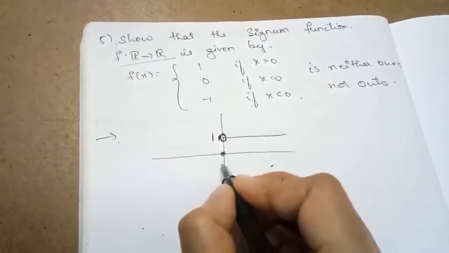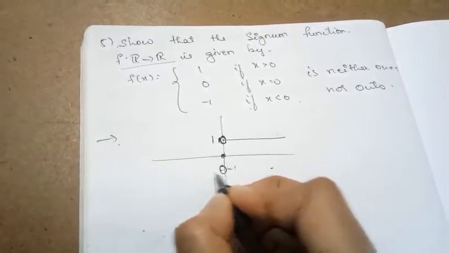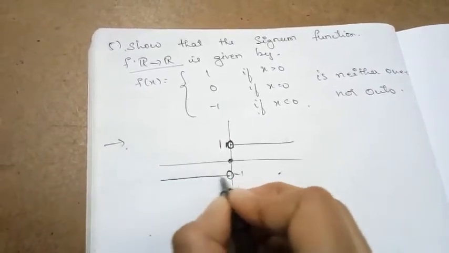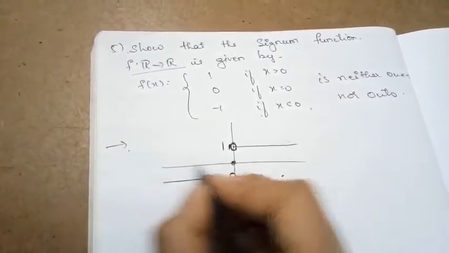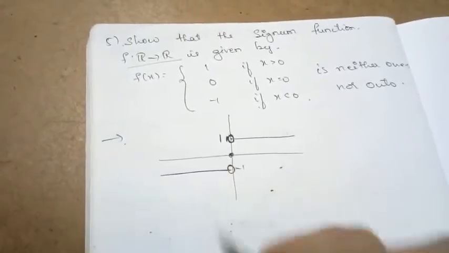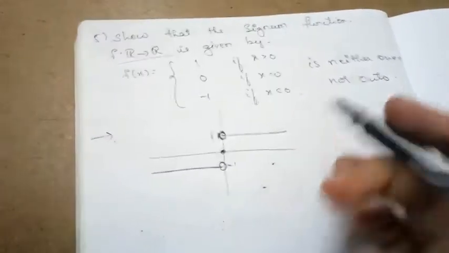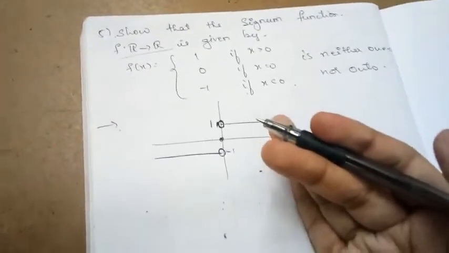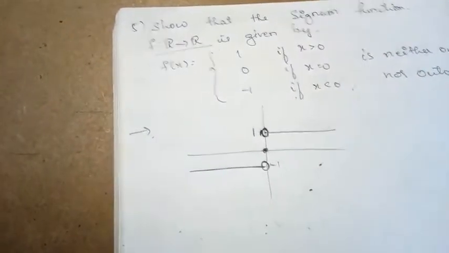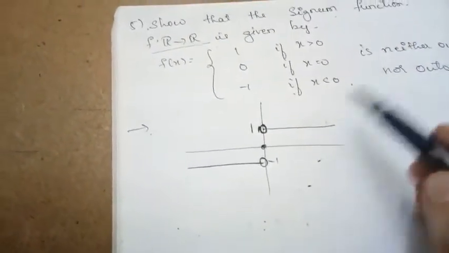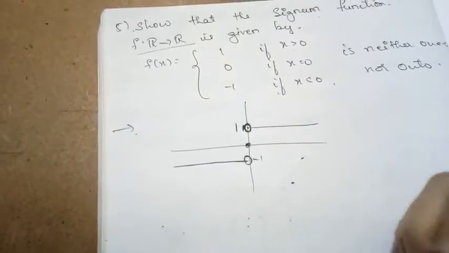I'll put an open circle again at minus 1 at x equal to 0, and for all the negative values of x we take the value as minus 1. By looking at this graph itself, we can say that it is neither 1-1 nor onto.